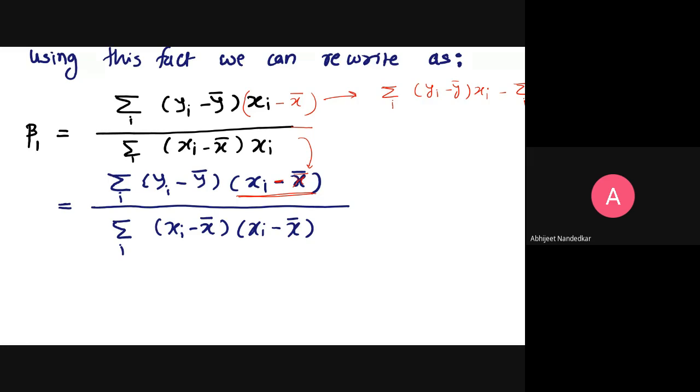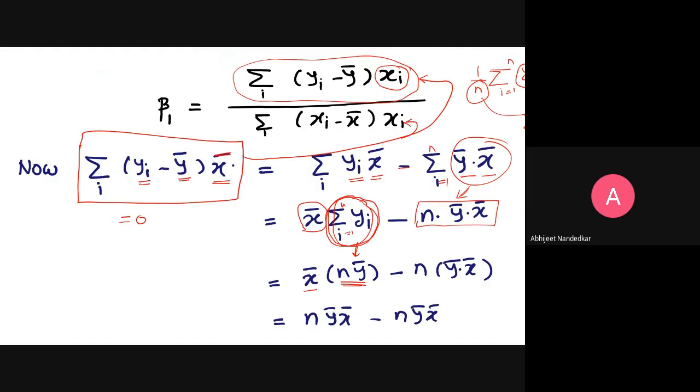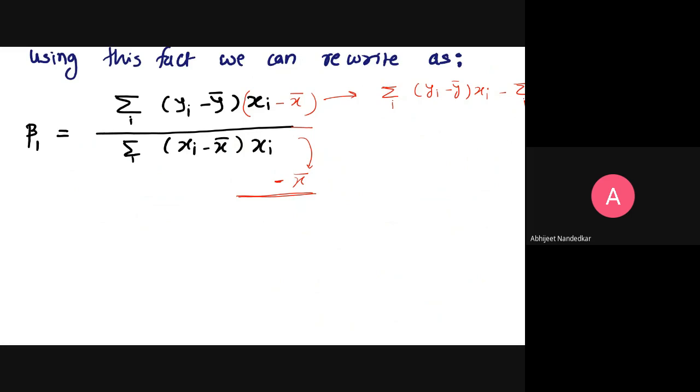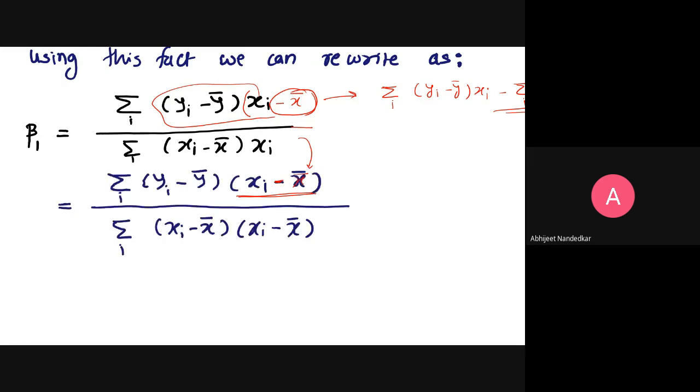So I think this will be this quantity. Okay, this we have already said is equal to 0. So by adding that term, we are not changing anything. By adding this quantity, the equation remains the same, since this portion is equal to 0. But this will make things simplified.